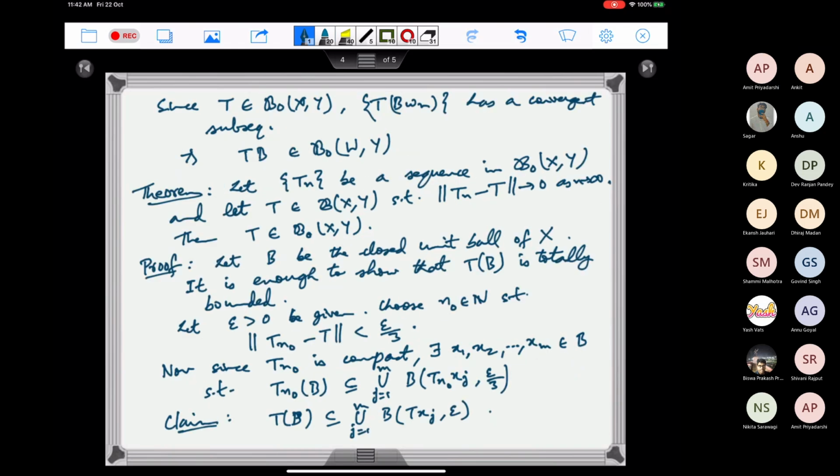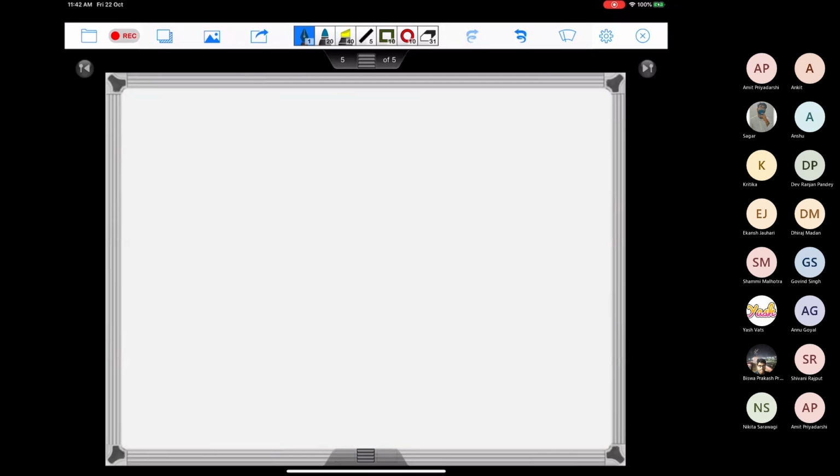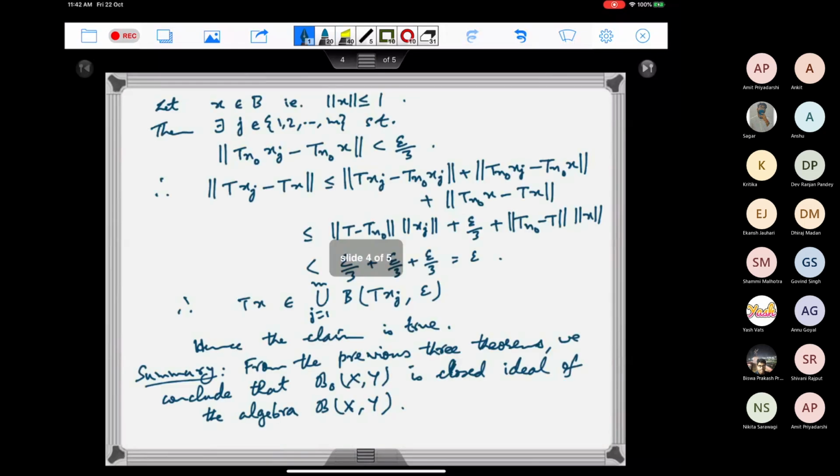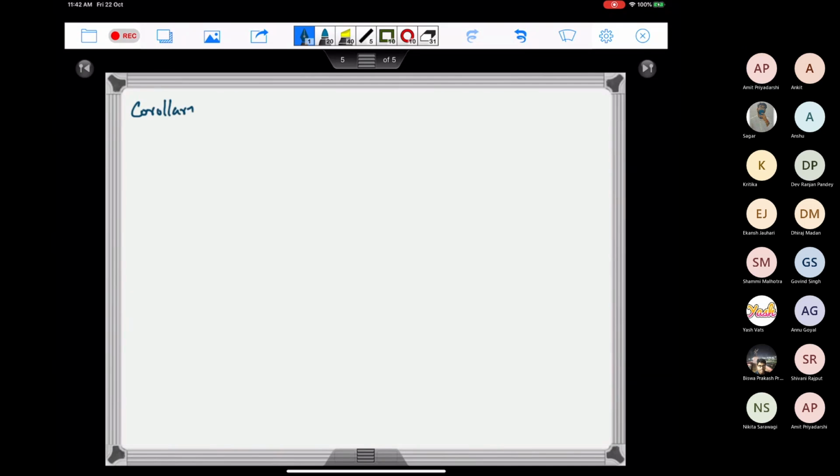Corollary: if Tn belongs to B00(X,Y), so this is the notation for finite rank, that is, Tn is a finite rank operator.